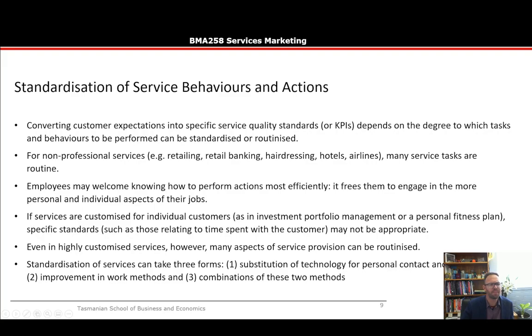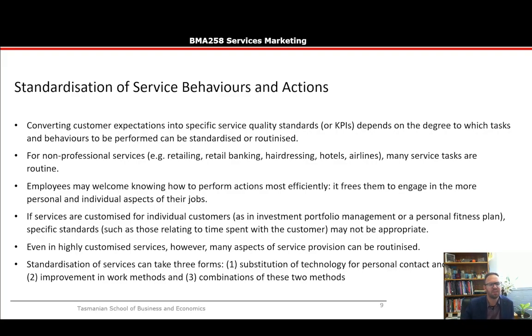If services are customised for individual customers, such as investment portfolio management or a personal fitness plan, specific standards such as those relating to the time spent with the customer may not be appropriate, because the value they're getting is the customisation, and to customise things for customers takes time. So efficiency gets moved across more there, because it's not so much about efficiency anymore, it's more about customisation and spending that time, and therefore the customer service function is going to be more important than efficiency.